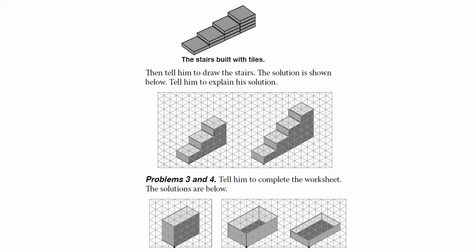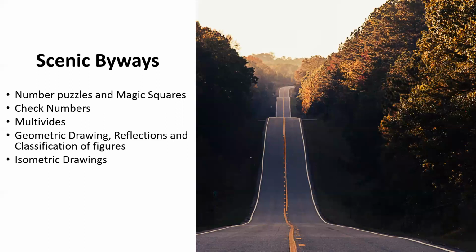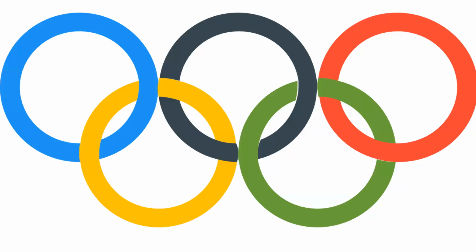The students will build stairs with tiles shown at the top, and then they will translate that onto paper so that they're drawing these isometric drawings on graph paper. And in this year, since it's an Olympic year, I will focus on the fact that they learn how to draw Olympic rings. That's a very cool project, especially in an Olympic year.